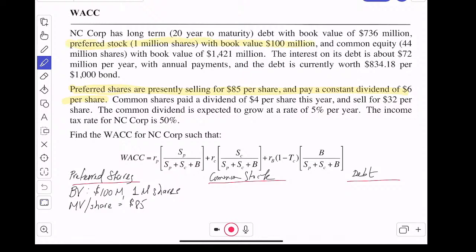So I've just taken the information in yellow and transferred it here, or consolidated it over here. So the dividend is actually $6 per share.